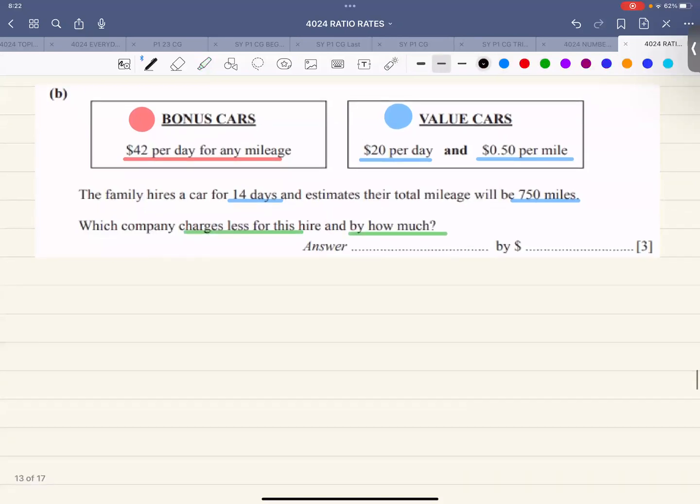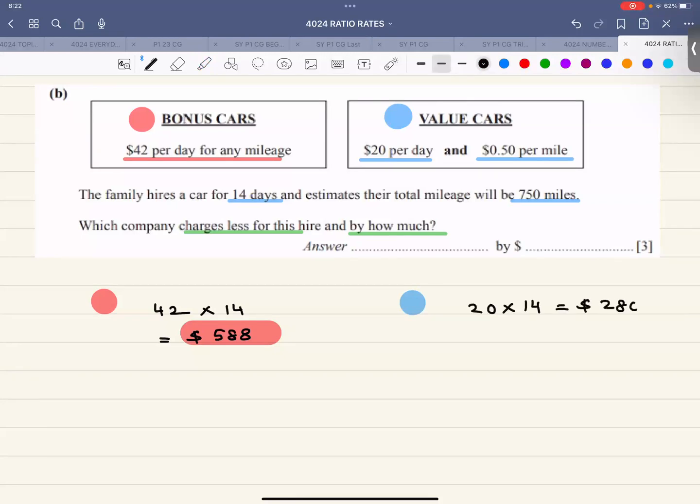So first of all, let's focus on the bonus car. That is 42 into 14. That's a simple multiplication. So 42 into 14, that is $588. That is for this particular option. When we talk about the value car, that is 20 into 14, that is $280.